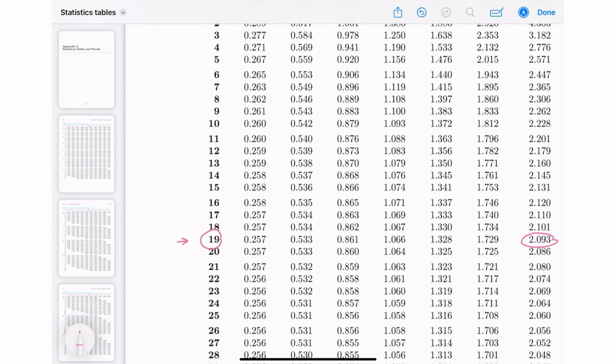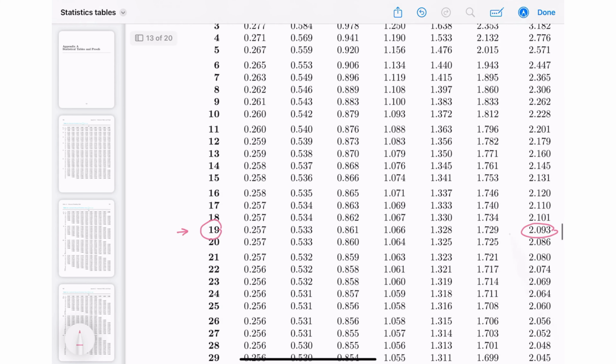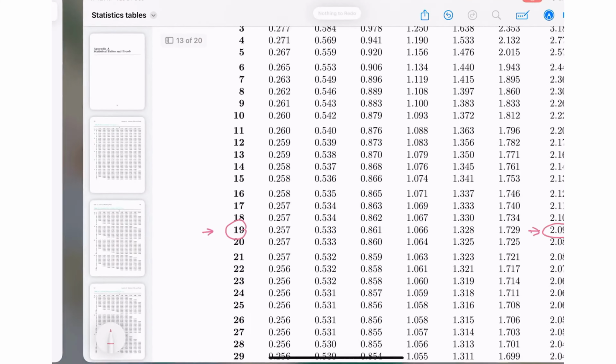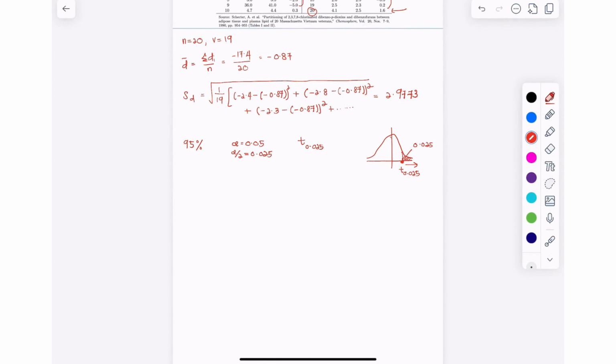So for 0.025, it is this one, 2.093. Now you can plug everything into the confidence interval formula.